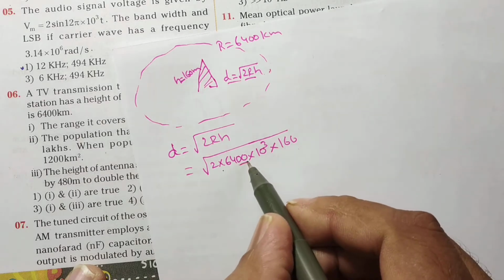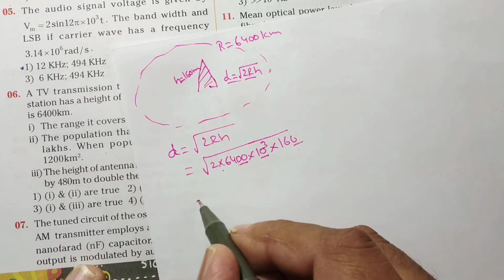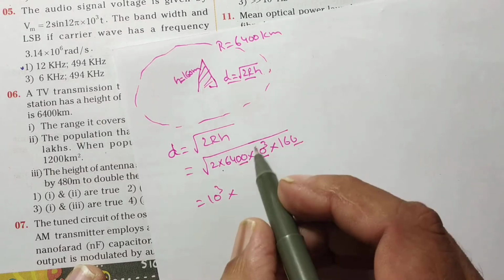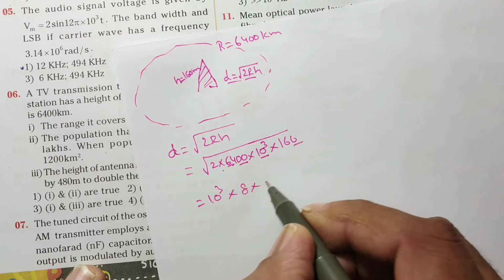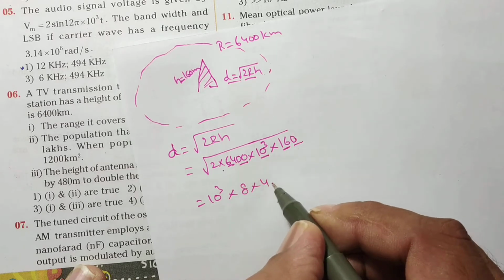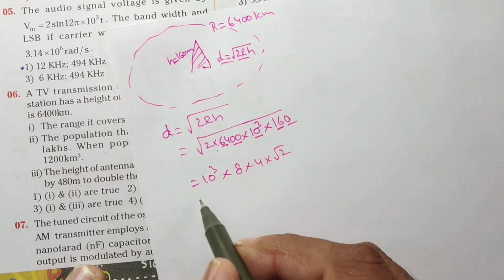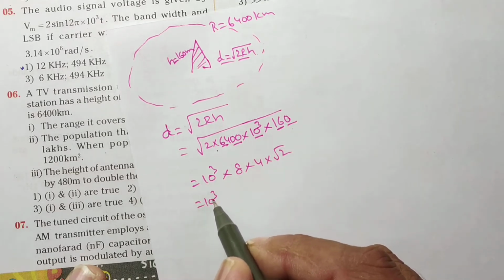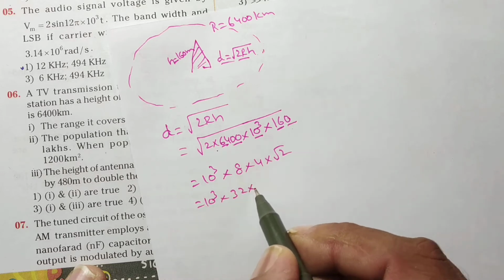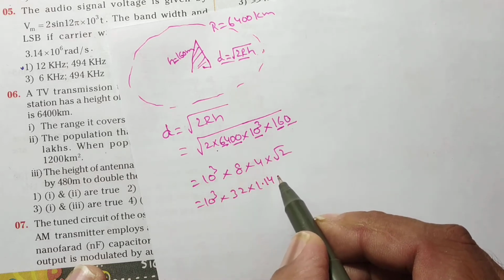That means 10 to the power of 3 I am taking outside. 64 means 8, 16 means 4, into root 2. Root 2 means 1.414. So 10 to the power of 3 into 8 fours 32 into root 2.